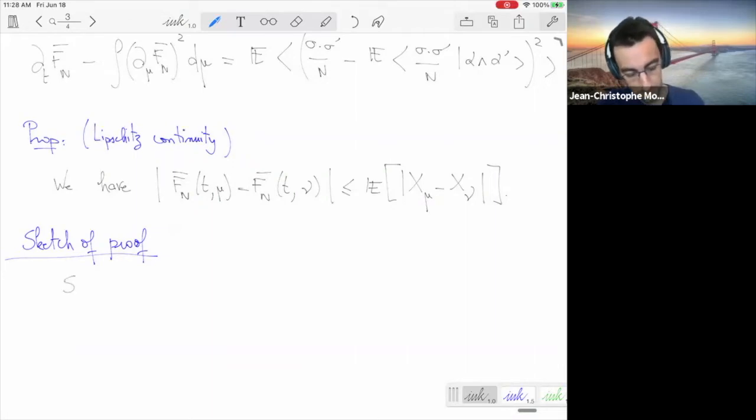I'm going to do it assuming that I can represent these two measures in the following form.